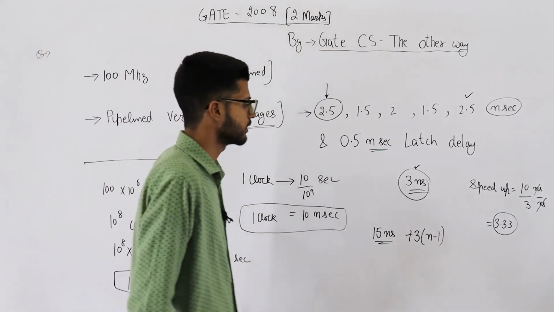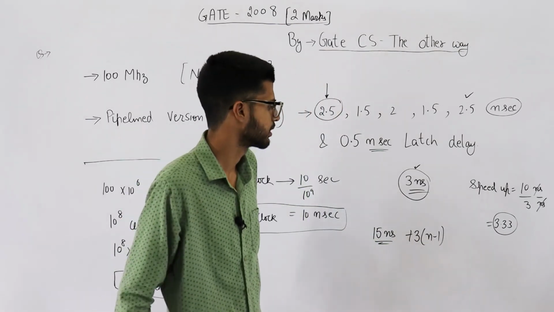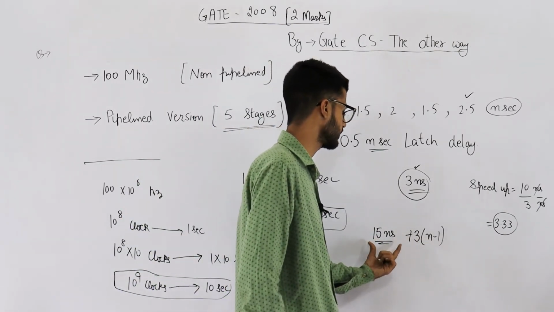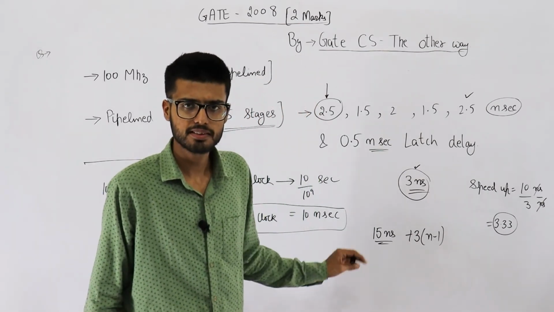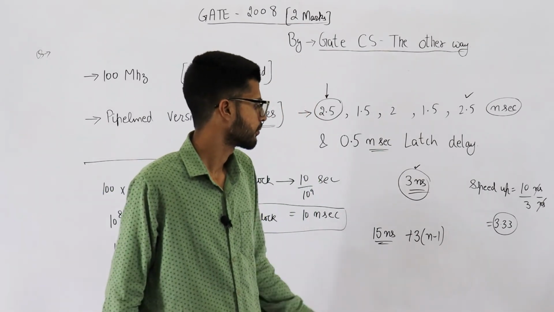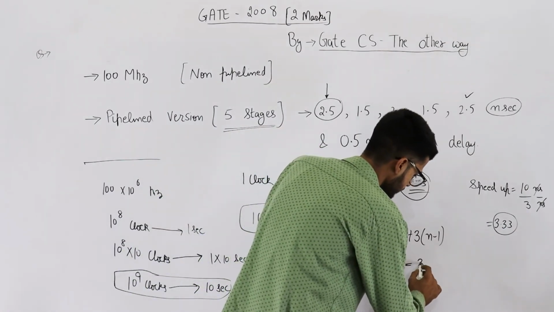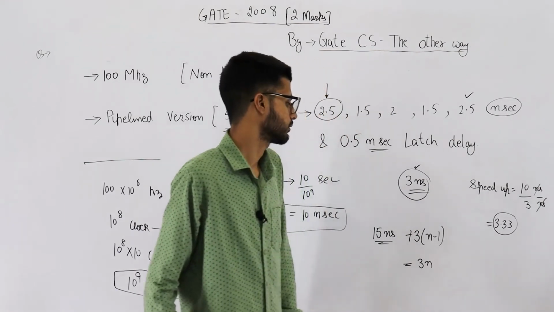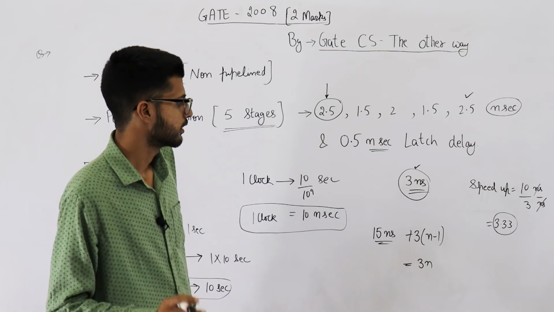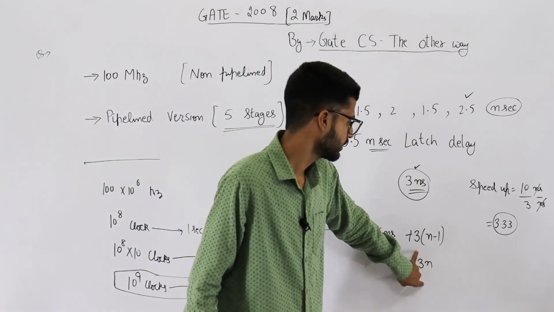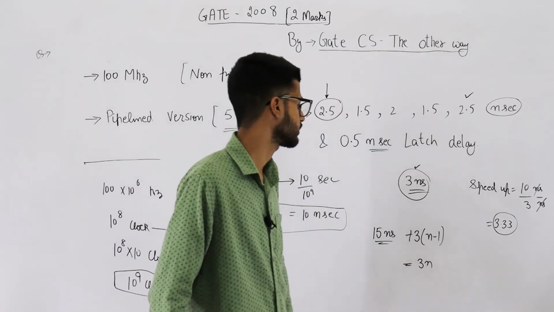Now what happens? As this number grows, we consider n to be a very large number. We can simply neglect this 15. Initial first instruction can be neglected because that's the only exception. So you can say overall, the time required is 3n nanoseconds, where n is the total number of instructions.